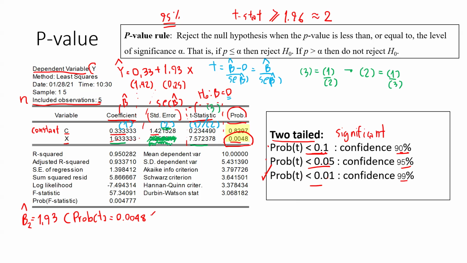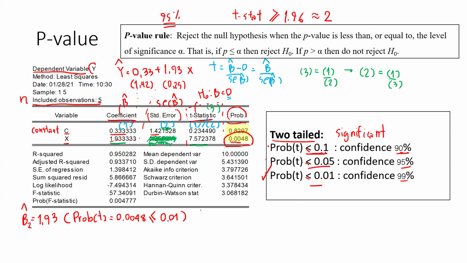So you can say, sorry for my mistake, please write less than or equal to 0.01, which means significant. Good.